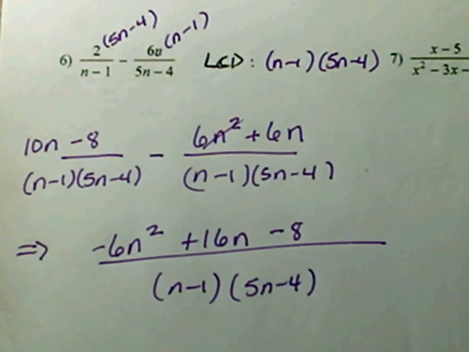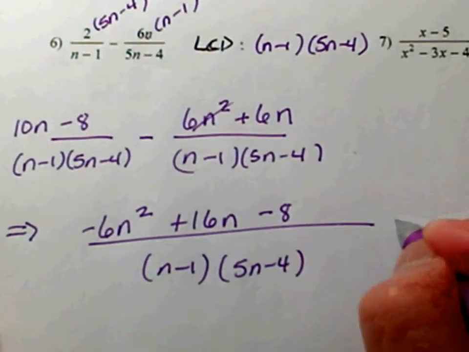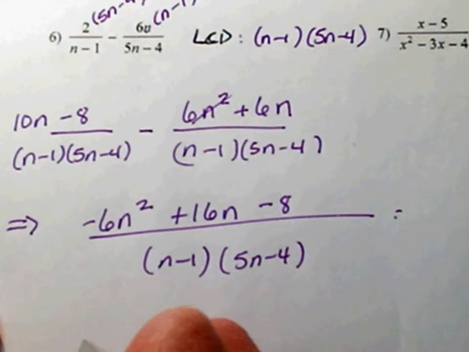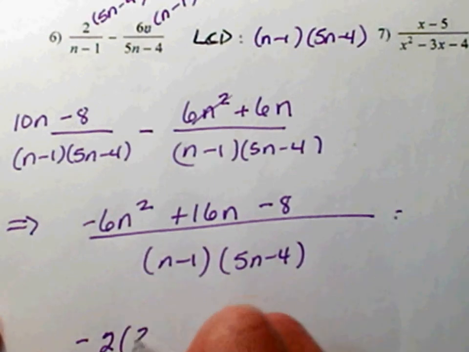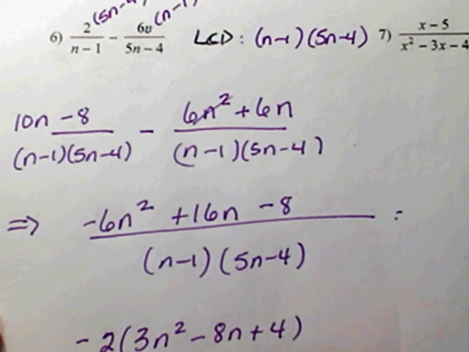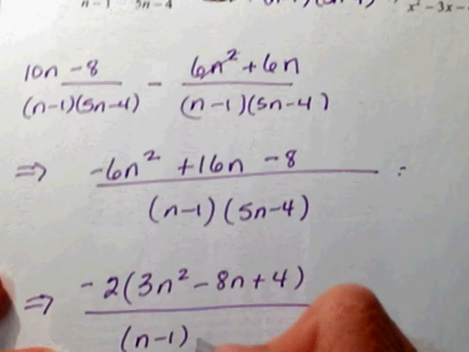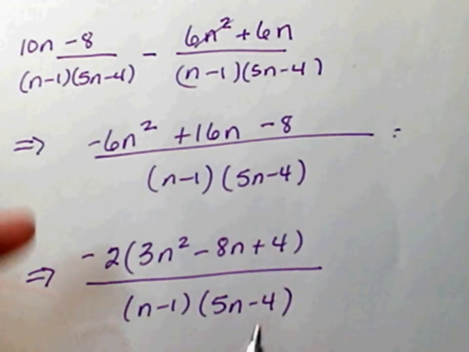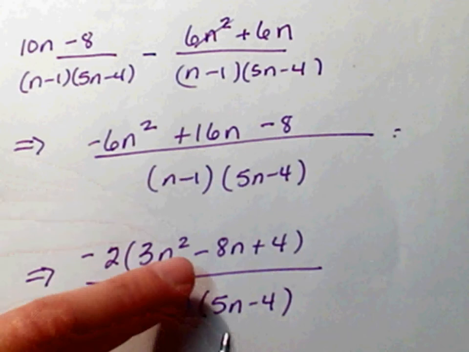So, just to double check, I'm going to factor out negative 2. When you factor out negative 2, you have 3n squared minus 8n plus 4. All of that over n minus 1 times 5n minus 4.